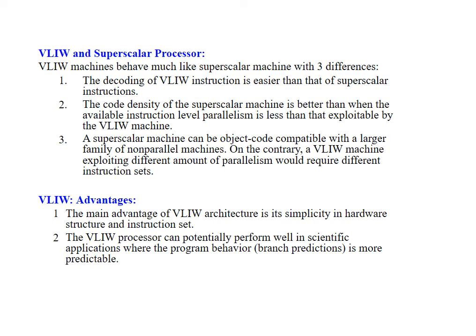The second is that the code density of the Superscalar machine is better when the available instruction level parallelism is less than that exploitable by the VLIW machine. The third is that a Superscalar machine can be object code compatible with a large family of non-parallel machines. On the contrary, a VLIW machine exploiting different amounts of parallelism would require a different instruction set.